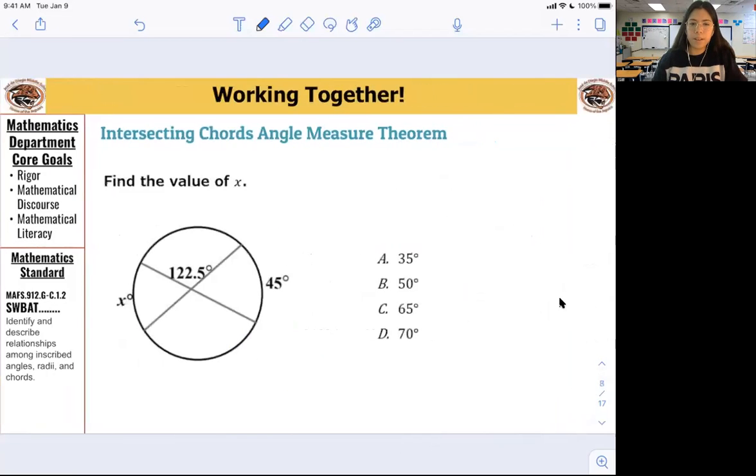Okay, last one, I think. No, we're doing 2 more. Same thing. This one's a little bit different, so be careful with it.